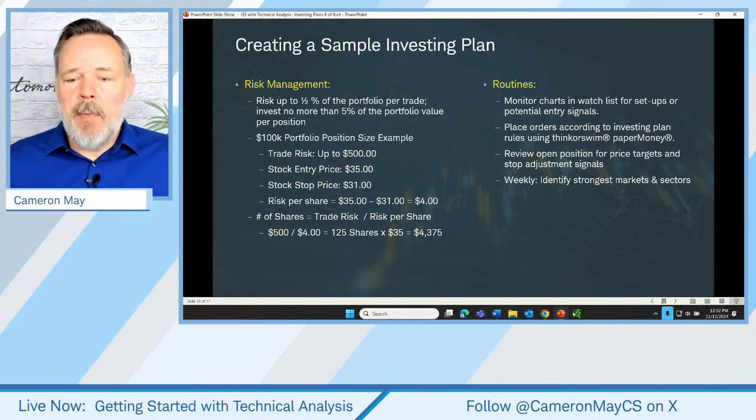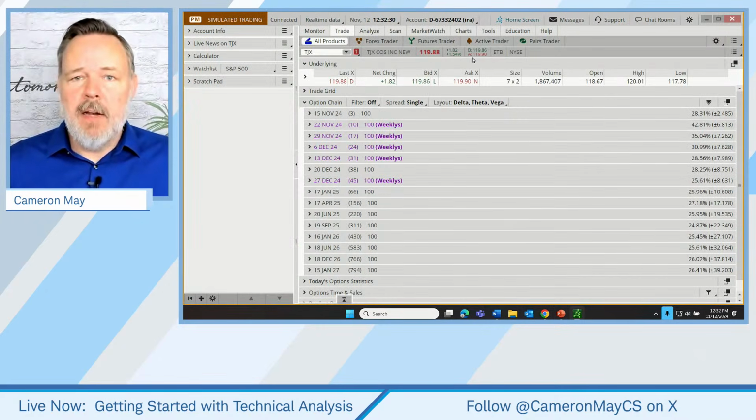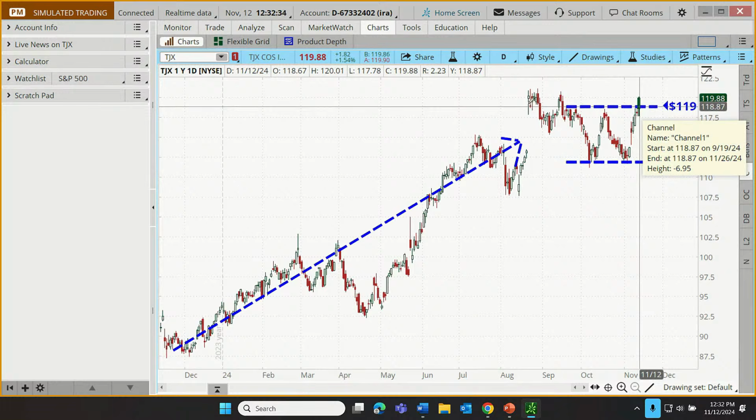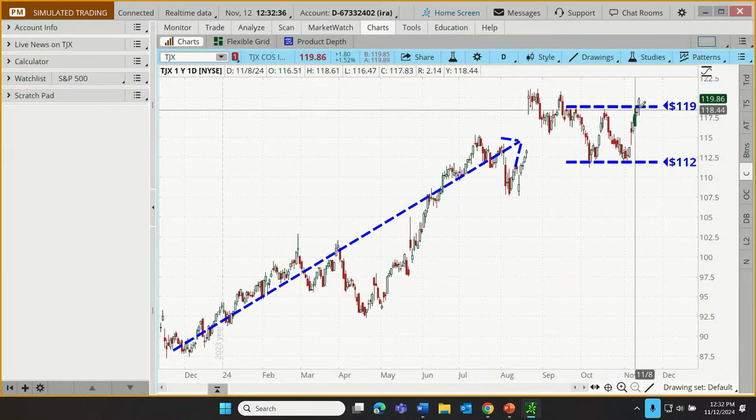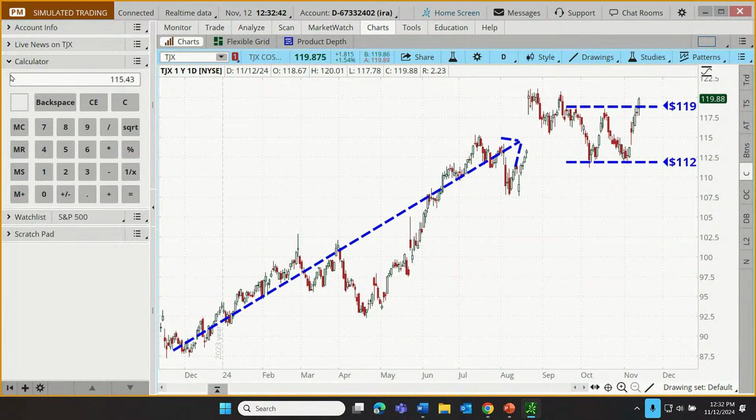So let's go apply this to our example trade here. And I think there's going to be a bit of an adjustment to be made. Let's see, we determined that, let's say we buy right now, it's pretty close to 120. Let's just assume we wind up paying 120 for this, and we have our stop down there at 115.5.